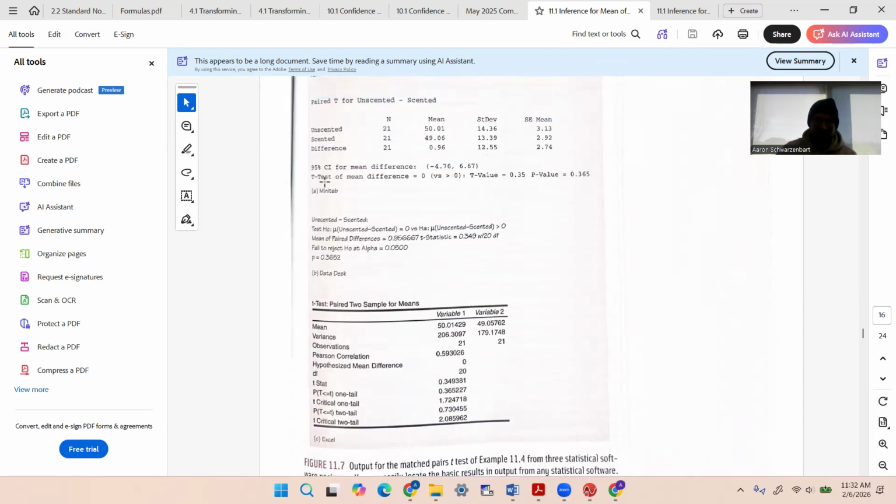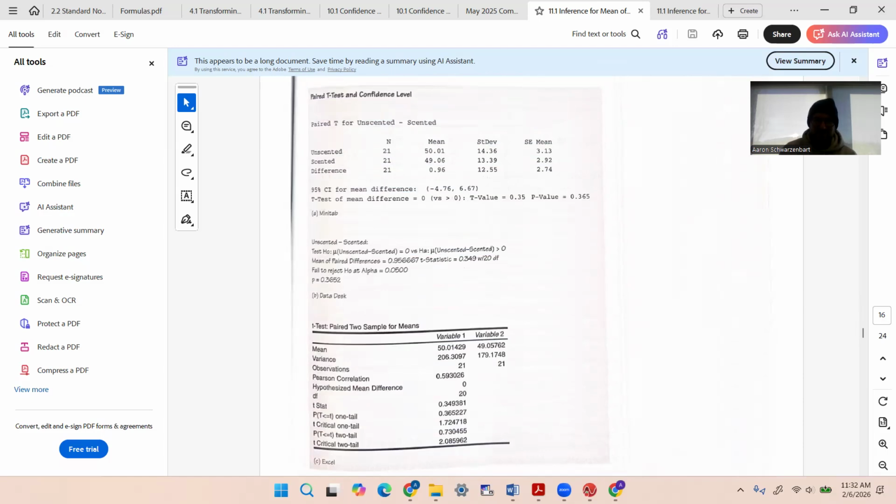Looking at some of these things, this is the output from a program called Minitab. This will show up in the book a little bit. Here's your mean difference and standard deviation of difference. Those are important. When it puts it in the t-test, we get a test statistic.